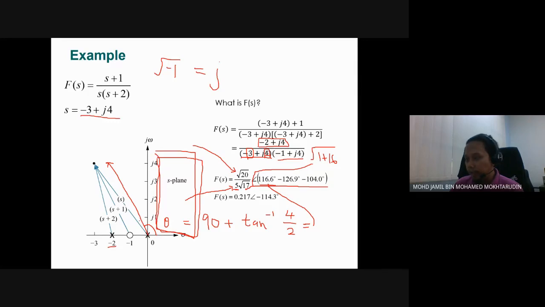But when the complex number lies on a different section, then you need to add either 90 degrees or 180 degrees and so on. So when you find the magnitude or length and angle for the zeros and poles, then you can find the product of the lengths and the sum of the angles.